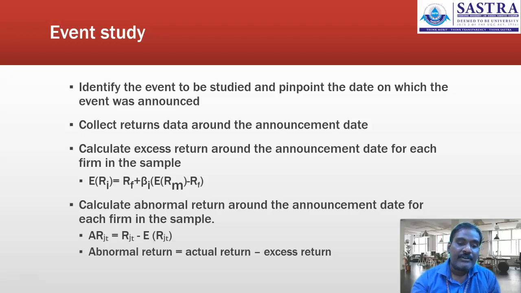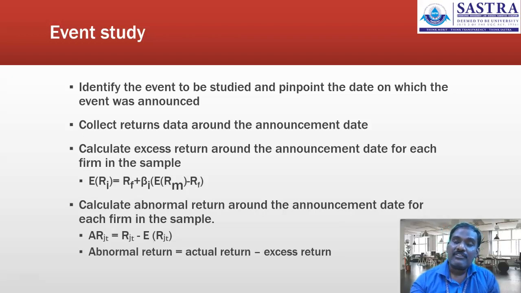With that, you need to calculate the return generated by the other stocks in the particular market. How many firms? Let's say, for example, the study is conducted across the banking industry, so the banking index is taken for the calculation. How many stocks are included in the index?